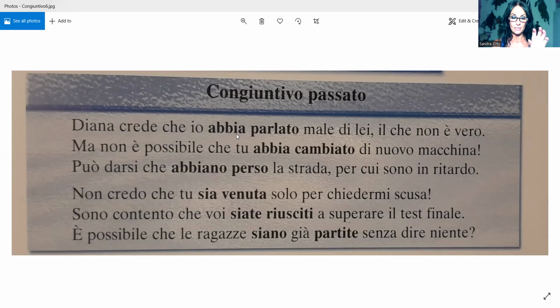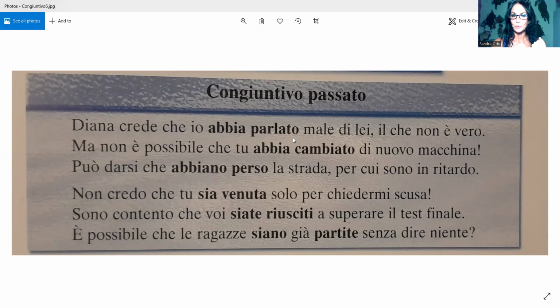In the first three sentences, the auxiliary avere takes the congiuntivo, and then it is followed by the participle of the main verb we need, which is parlato in this case.